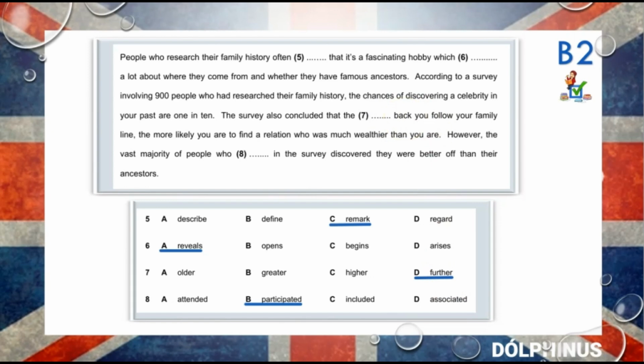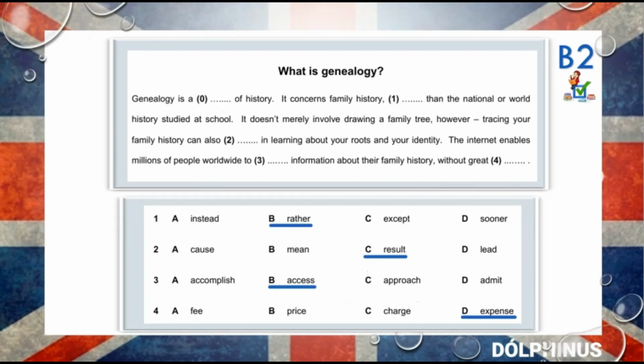Same reasoning is to be carried out in C1. Related to distractors, B2 offers obvious wrong answers. For example, we know that we have to use instead of, so C and D would be ruled out immediately. Or when you're doing exercise 2, the only one that sounds correct is result because it's followed by in.